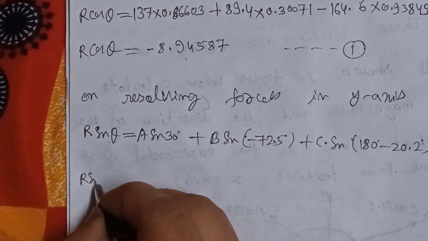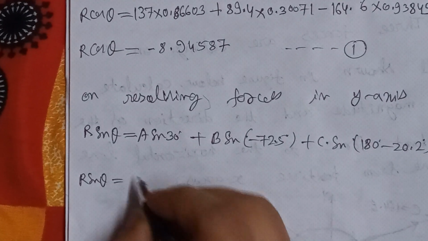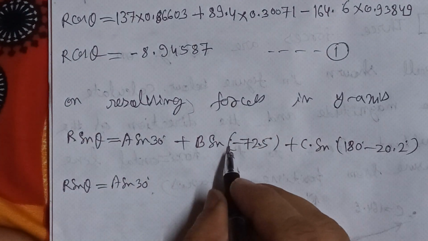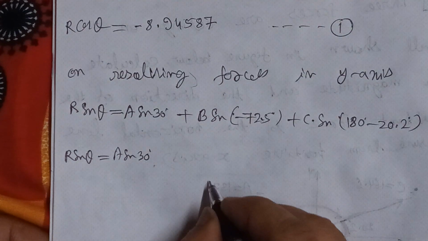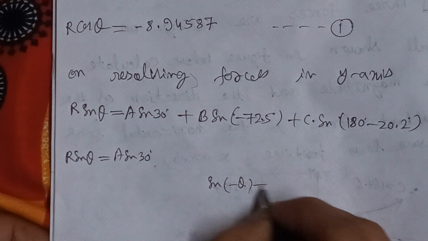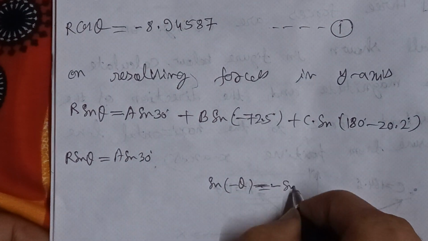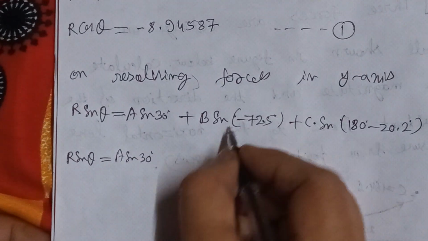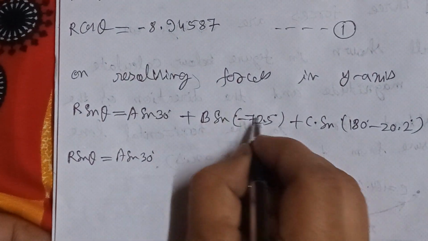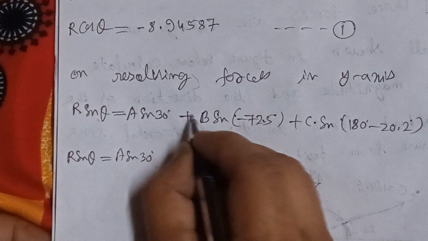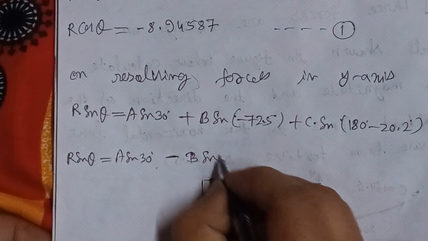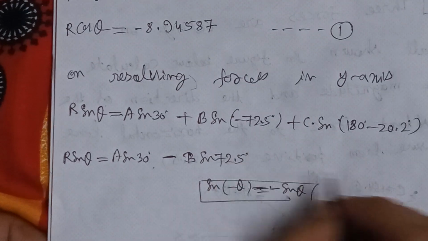So our r sin theta is equal to a sin 30 degree. What we know is that sin minus theta equals minus sin theta, so this minus sign comes out of the bracket and changes this plus to minus, so this value becomes b sin 72.5 degree.